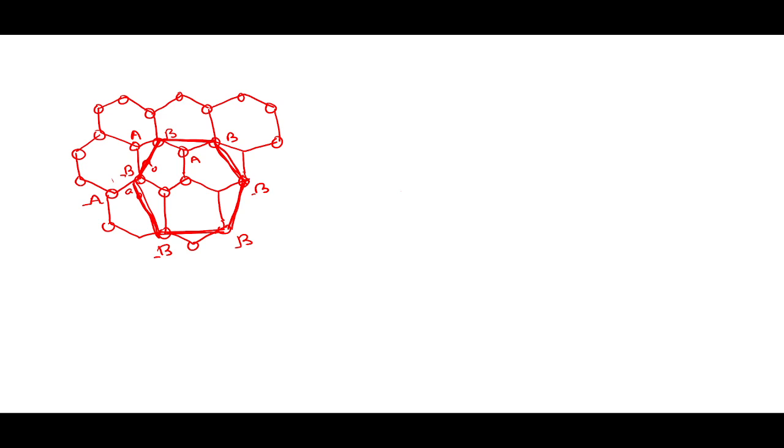Now, there is something called basis. I think this was actually a little bit confusing for me. Here it is said that there are two atoms in the graphene in the primitive cell. So if you consider this primitive cell, there will be A type of atom, this will be B type of atom, this will be A type of atom, right?